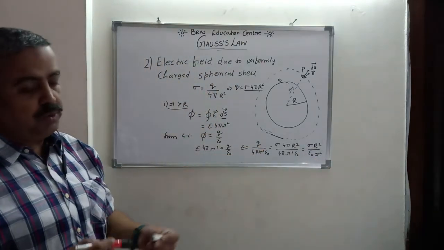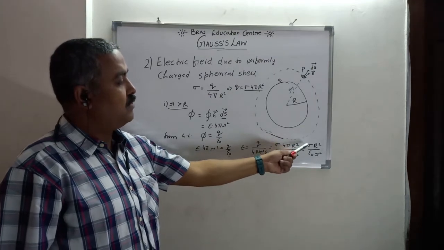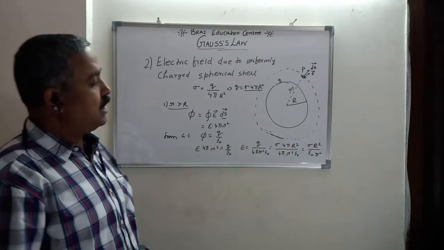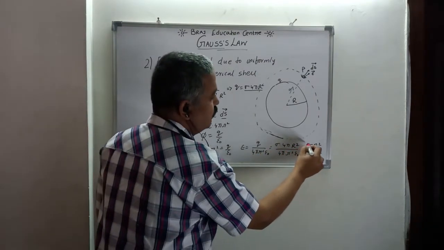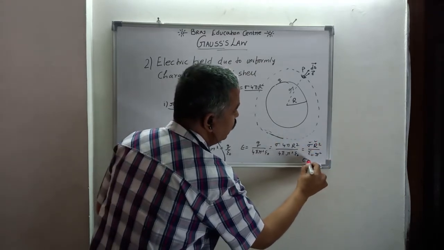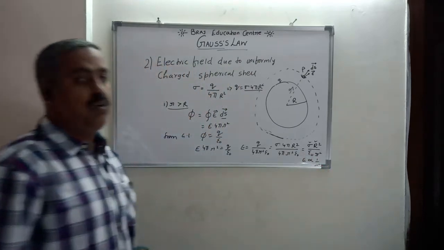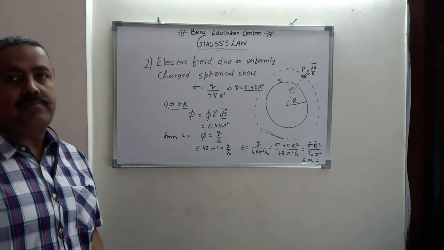So it is a factor of both this distance and surface density. In this case, we can clearly see that for any spherical shell, these things are constant, and I can conclude that electric field is inversely proportional to the square of distance, 1 by r square.